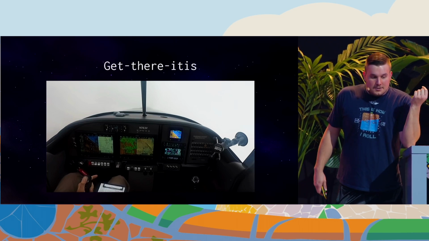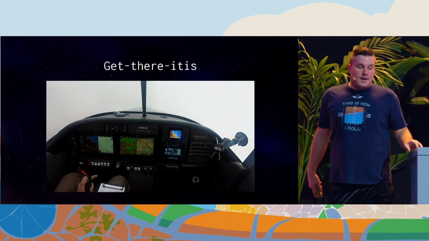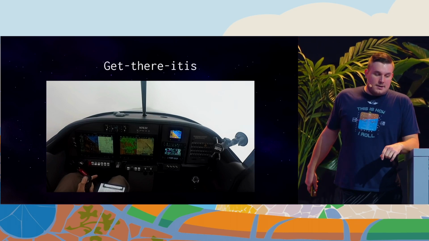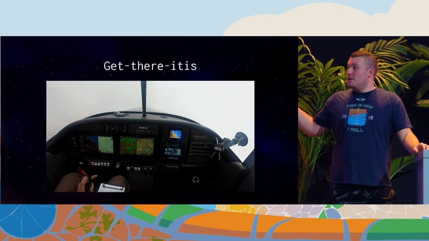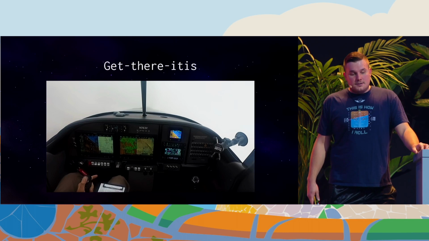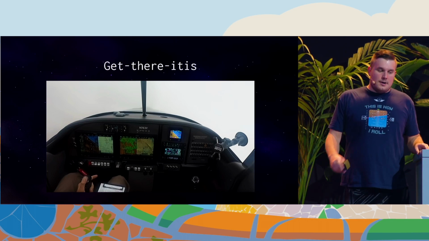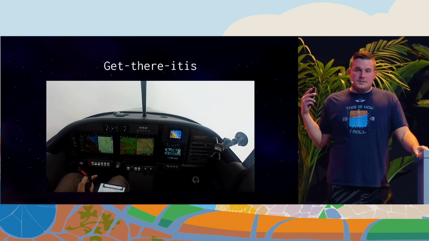So in this picture here, this guy started flying. He's a VFR pilot, so that means he's currently not allowed to fly in clouds. The weather started to get worse, and he told himself, well, I just really want to get to this other airport. Hopefully it's going to clear up pretty soon.